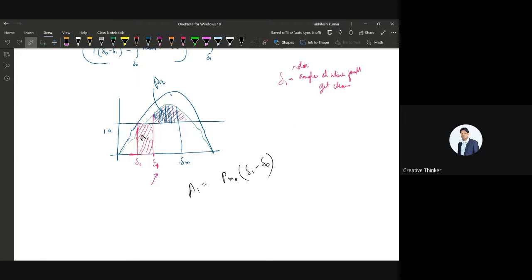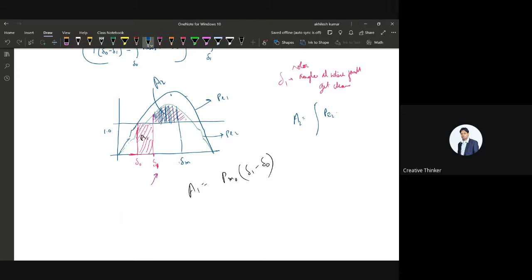And what is A2? A2 is basically the integration of P, here P is greater. Let this curve be PE1 and this curve be PE2.